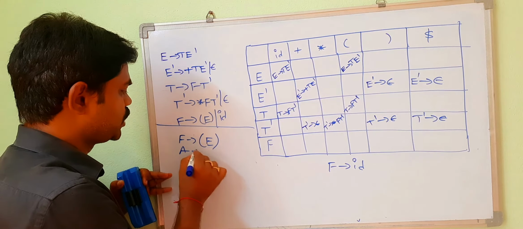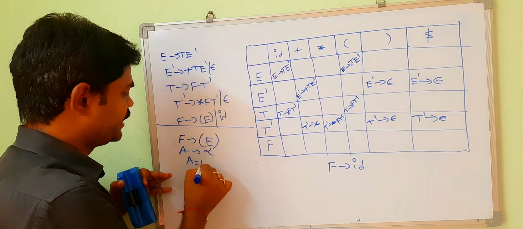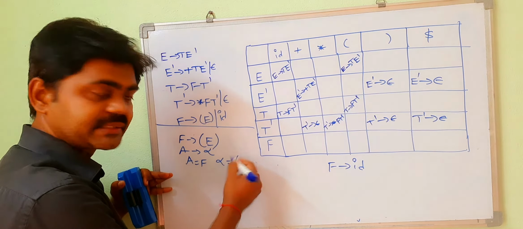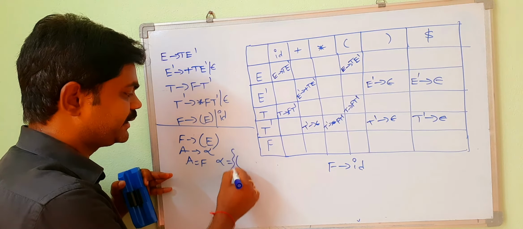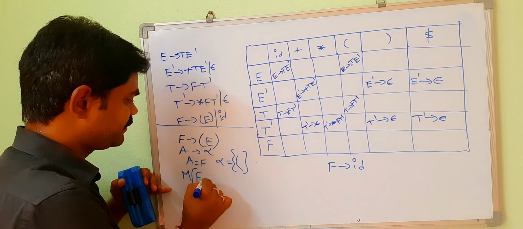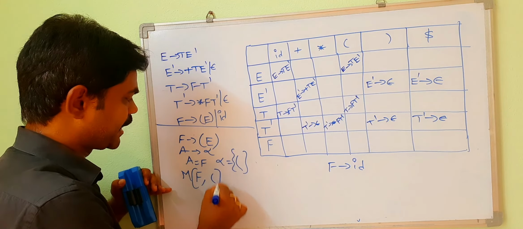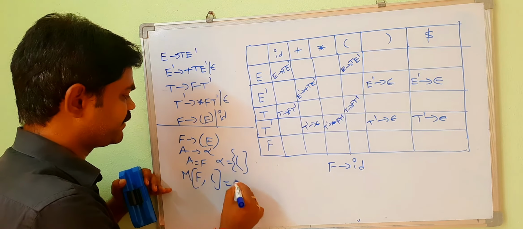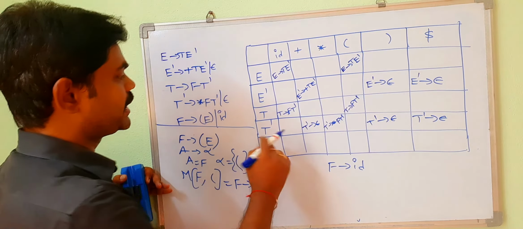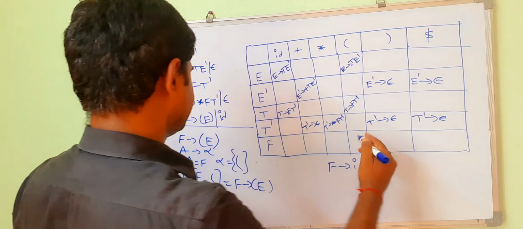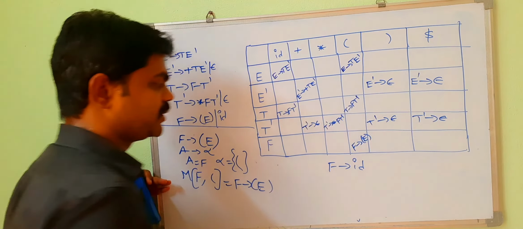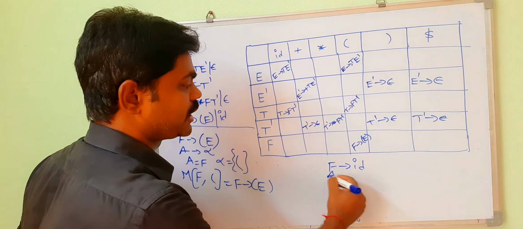Also A tends to alpha, A equal to F, alpha equal to left parenthesis E right parenthesis. So first of alpha obviously we get left parenthesis. So M of F comma left parenthesis equal to A tends to alpha, that is F tends to (E). So in the place of F comma open parenthesis, we get F tends to (E).